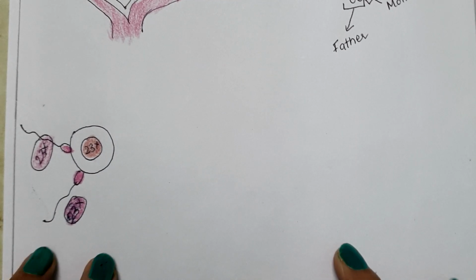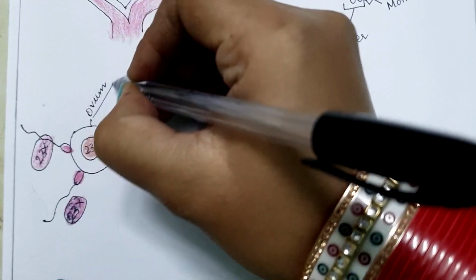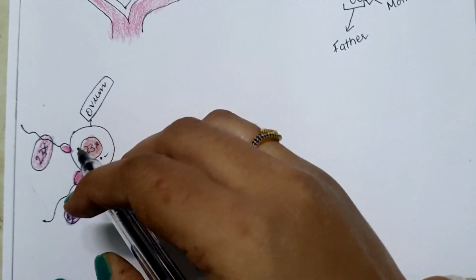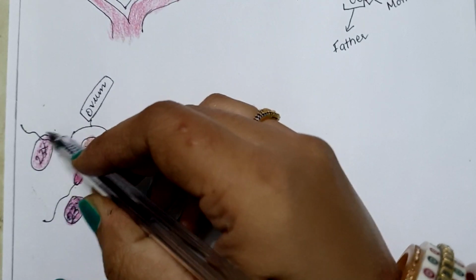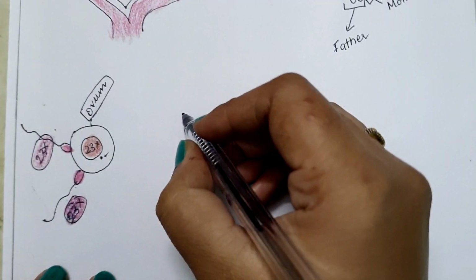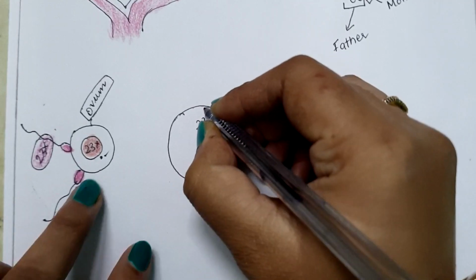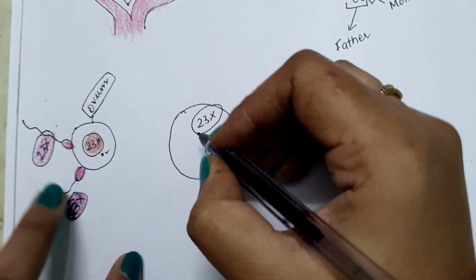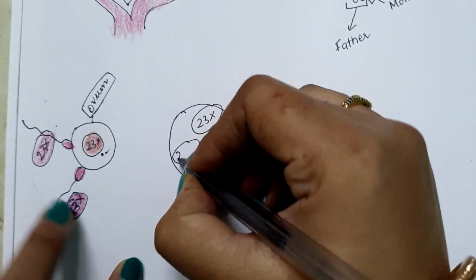As in the complete hydatidiform mole, this is the haploid ovum, which consists of a single set of chromosomes, which is fertilized by two haploid sperms. And then after fertilization, a single set of chromosomes from the maternal side and two sets of chromosomes from the paternal side.